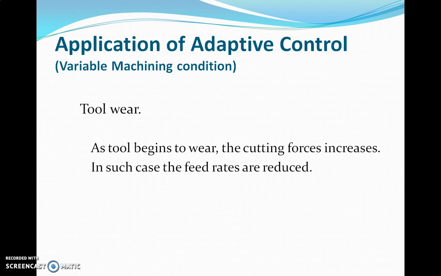In such cases, feed rate should be reduced. So that way also we can use adaptive control in real-time situations in machining conditions. So these were the 5 situations where we can use adaptive control for optimum utilization of the machine tool.